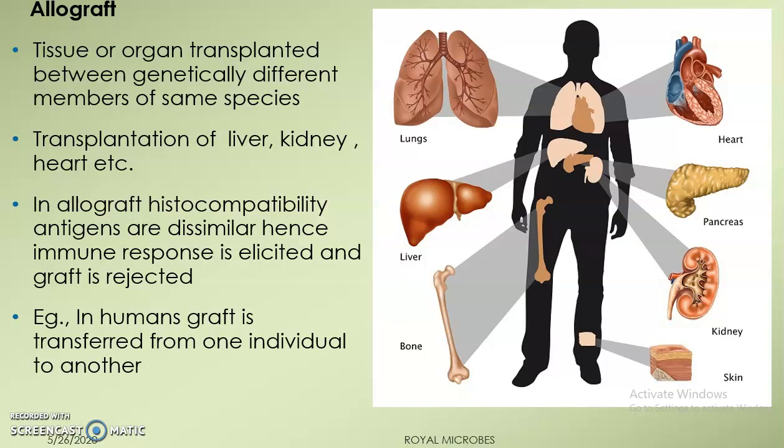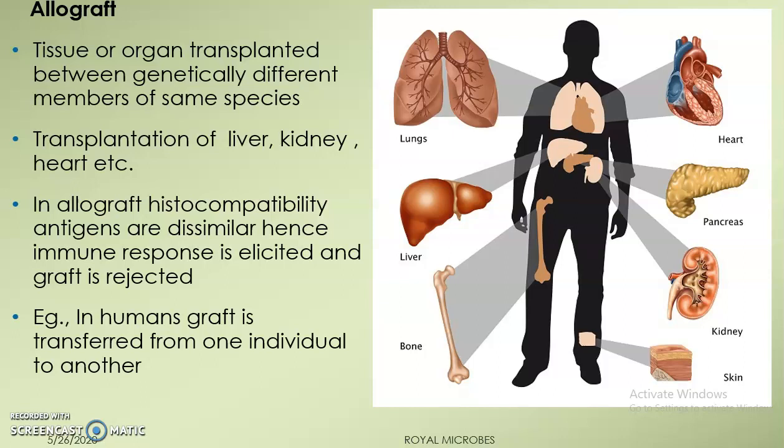In allograft, histocompatibility antigens are highly dissimilar because there is no similarity between the recipient and the donor. So, the chance of immune response is very high. That is, the immune response will be elicited in most of the cases and the graft will be rejected, and graft acceptance is a rare case.